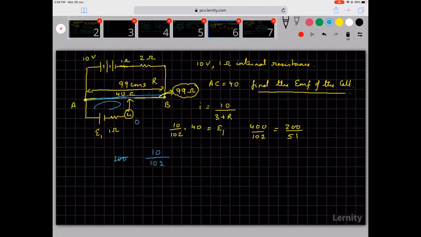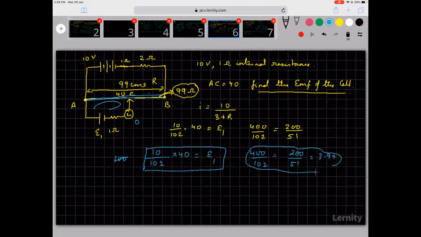So this current into 40 must be equal to E1. That was the question, what is the EMF of the cell? It will be 400 divided by 102, which can be written as 200 divided by 51, about 3.99 or 3.98. So you can do this particular question, right?